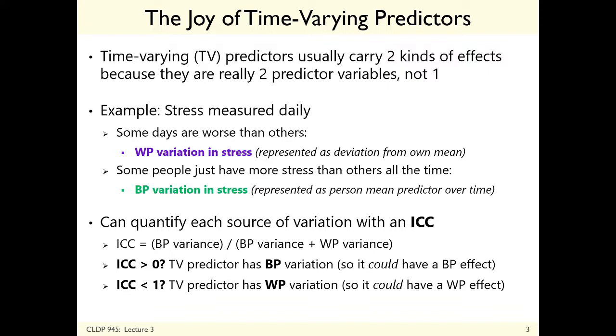That within person variation can have its own effect. So anytime you have an intraclass correlation for a time varying predictor between 0 and 1, you have the presence of each kind of information at a minimum, and therefore you need to have 2 effects in the model at a minimum. Only when it's 0, you don't have any between, or 1, you don't have any within, would it only have 1 effect.